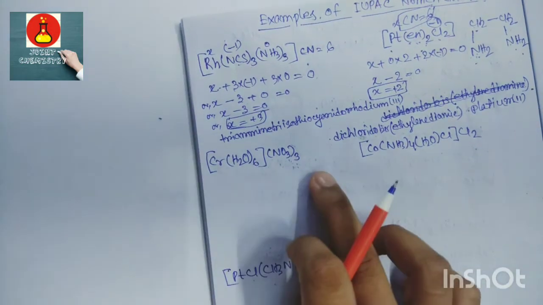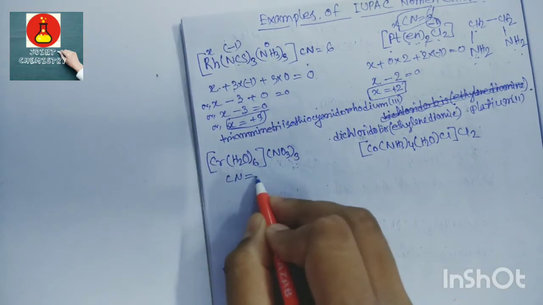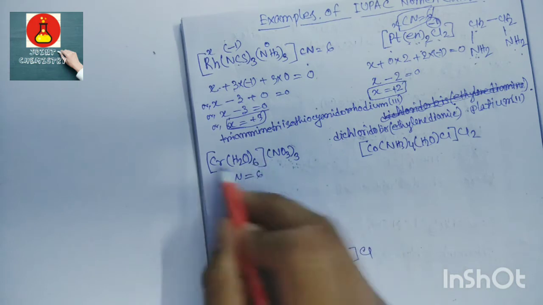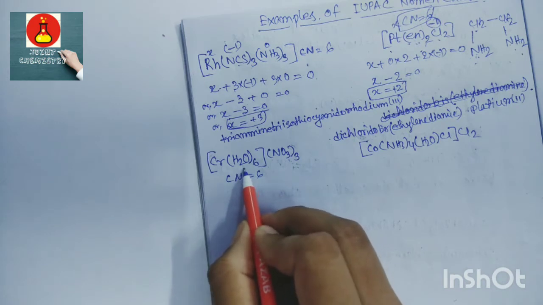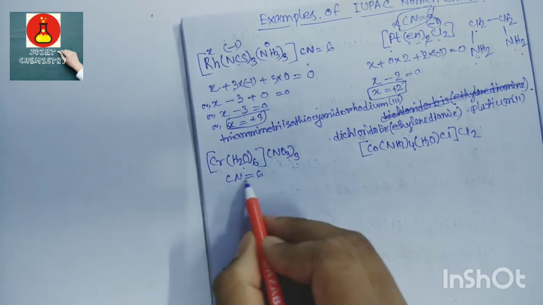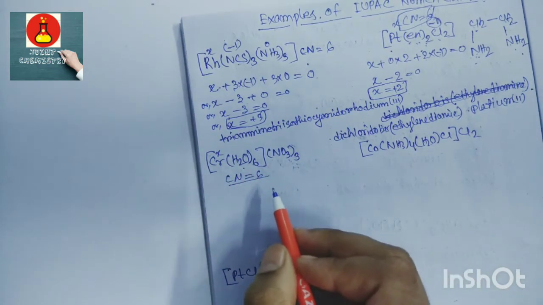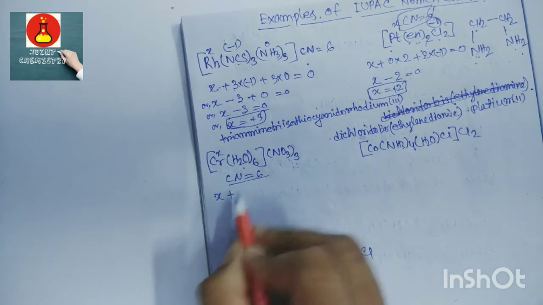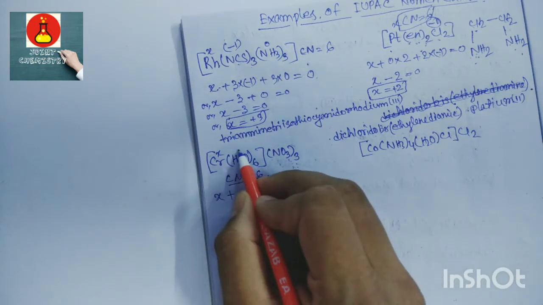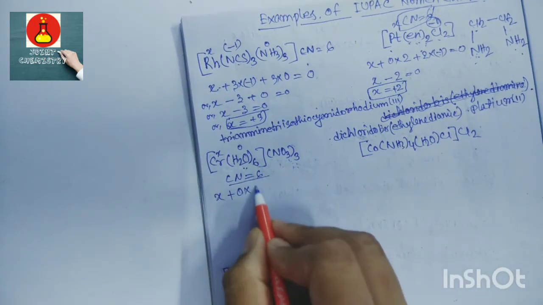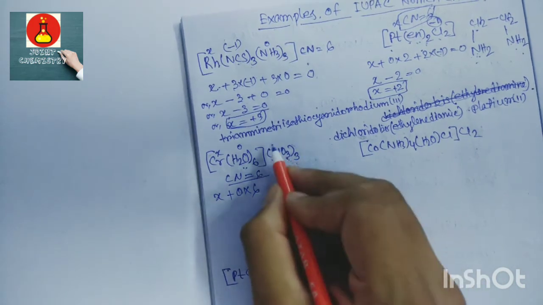Now there is another complex, the coordination number is 6. Why? Because we have to calculate the number of donor atoms in this square bracket, in this coordination sphere. Here there are 6 water molecules, that's why the coordination number is 6. If we calculate the charge of this chromium, X plus, now H2O is a neutral ligand, so it contributes only 0 charge, so 0 into 6, and there is nitrate NO3, which has minus 1 charge.